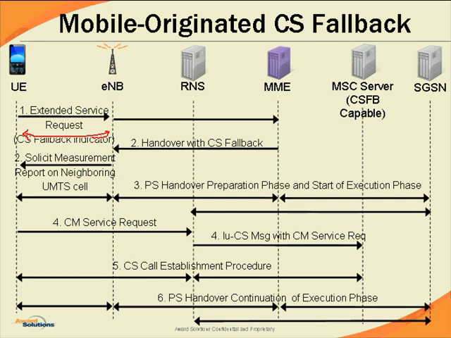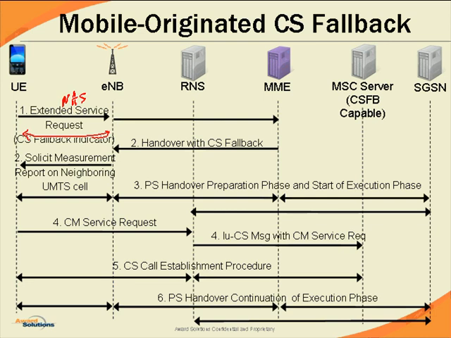And based on the combined attach, the UE knows that I'm allowed to use CS fallback. So it sends a message, extended service request. This is a non-access stratum message. And that message indicates CS fallback, that I want to make a call using CS fallback.